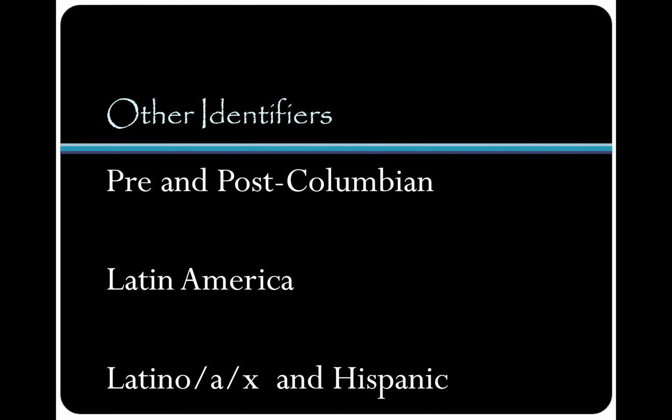When we say pre-Columbian, we're talking about before the arrival of Columbus. So you'll often hear these objects talked about as pre-Columbian or post-Columbian. Pre-Columbian you hear a lot more frequently than post-Columbian, but you get the point. You're talking about objects that are before or after colonial impact, essentially.